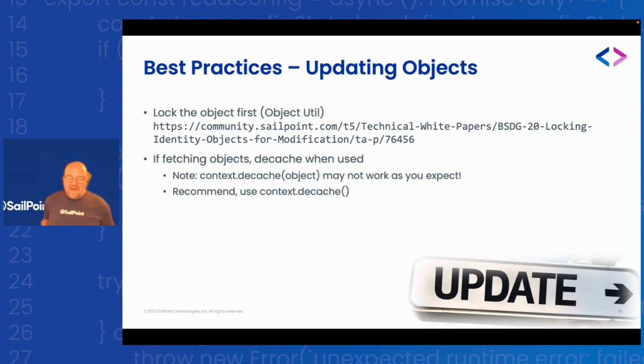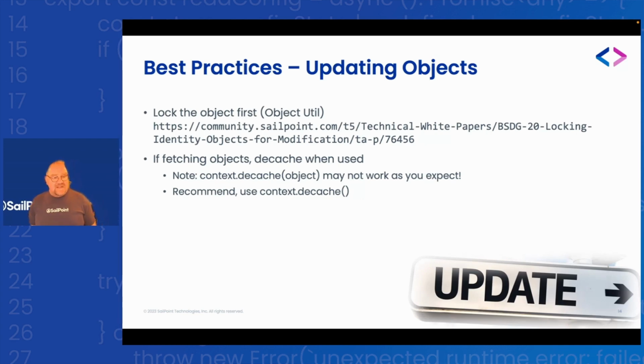When you're locking an object, you've got to be mindful about where your rule is going to be executing. Normally I would try and avoid updating objects as much as possible. And if I was going to update it, I would see if it was in my actual space in the first place. So if I've got an identity object already passed through in the rule, then I wouldn't attempt to lock it. I would use it and persist that in the actual rule.